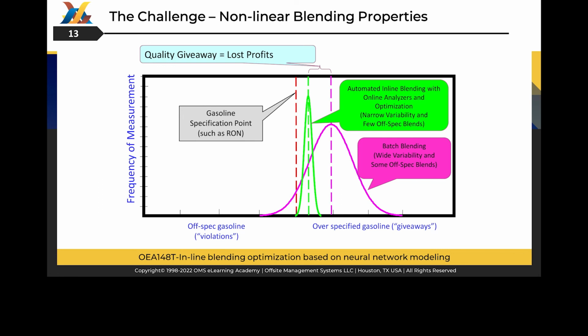The ability to adapt the blend in real time, incorporating the more expensive components only when necessary, reduces the variability in the quality parameters of the blend. This reduced variability decreases the giveaway and over-quality incorporated into the original blend without increasing the danger of non-compliance with the quality standards of the blend.